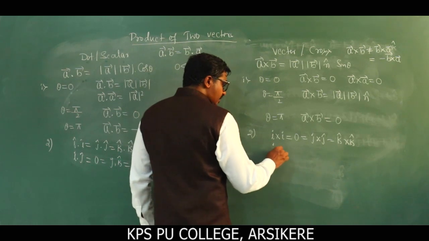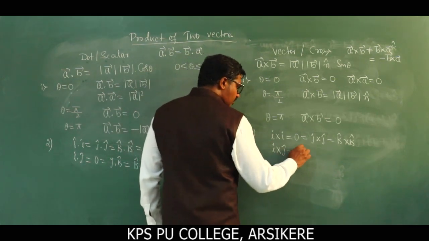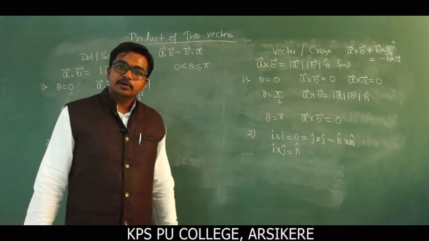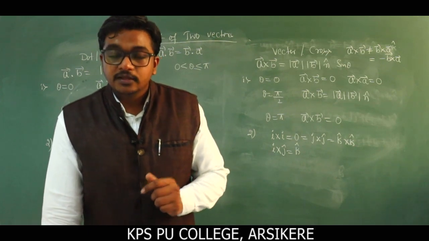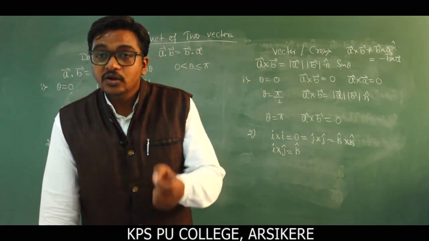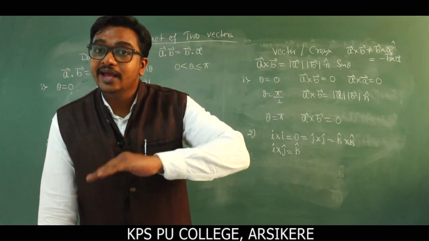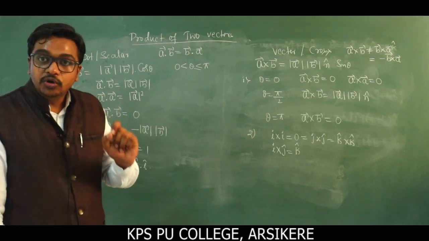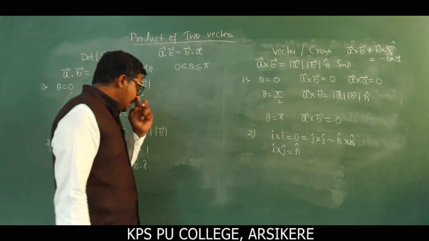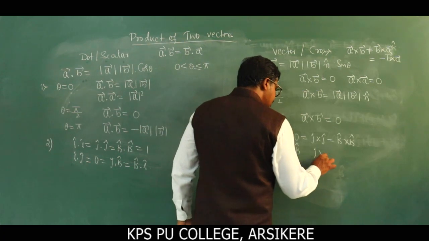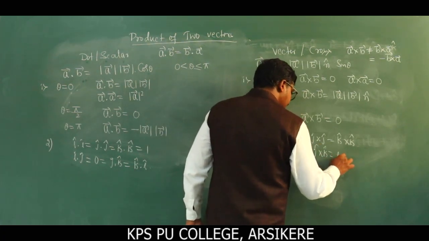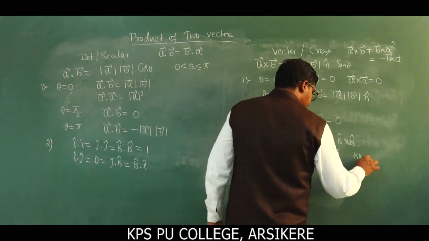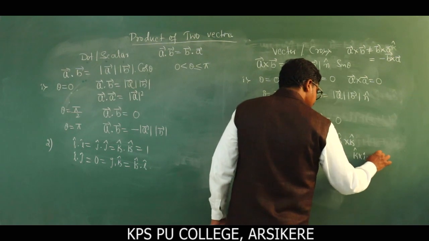If I take the cyclic order, I cross J is equal to vector K. So what does cross product represent? When we have the vectors A and B, their cross product represents the vector perpendicular to both vector A as well as vector B. That is n cap, n cap represents the unit vector perpendicular to both vector A as well as vector B. Then J cross K becomes I and K cross I becomes J cap.